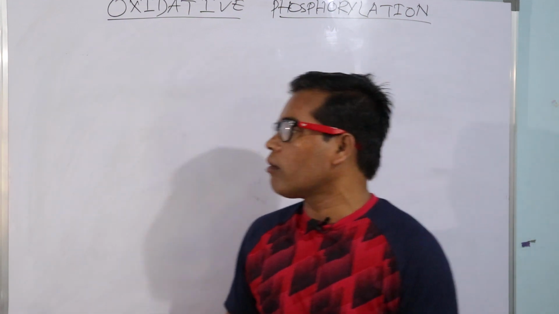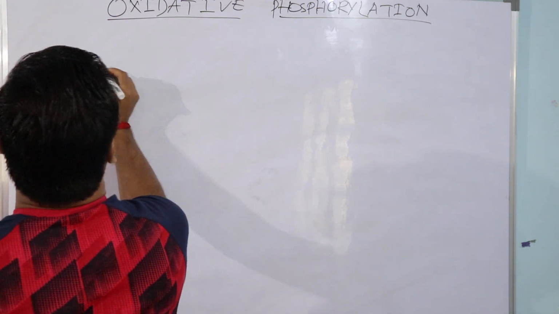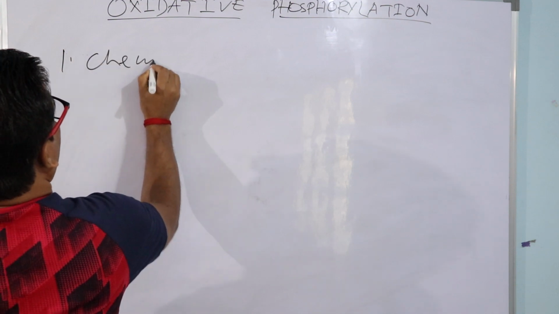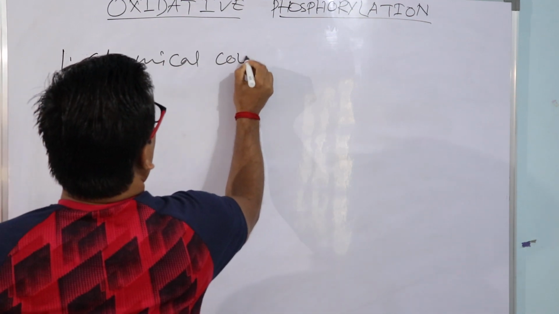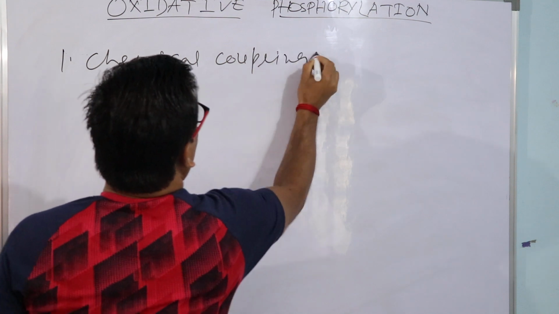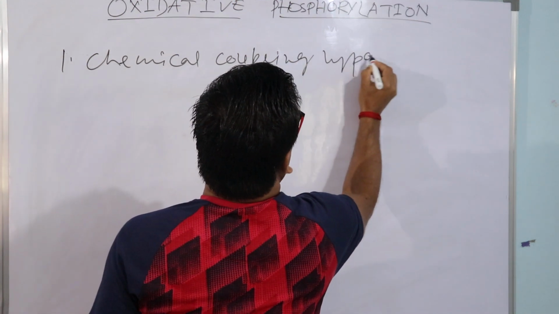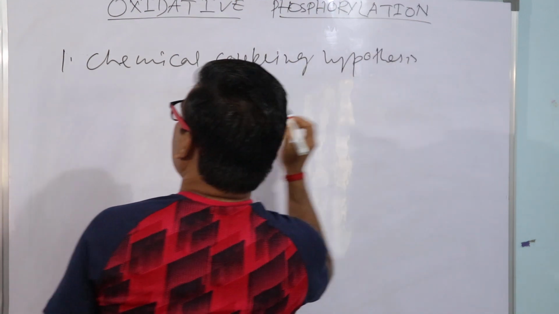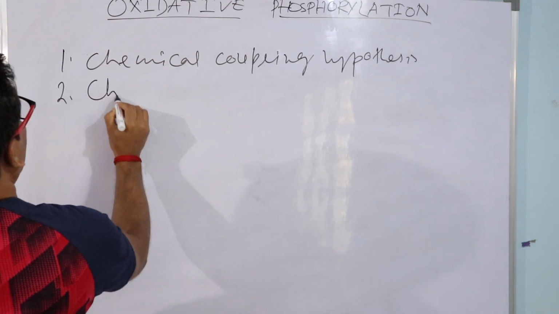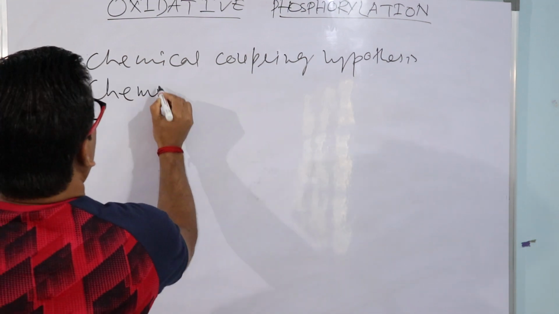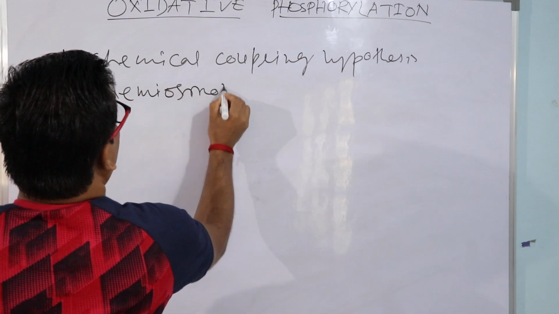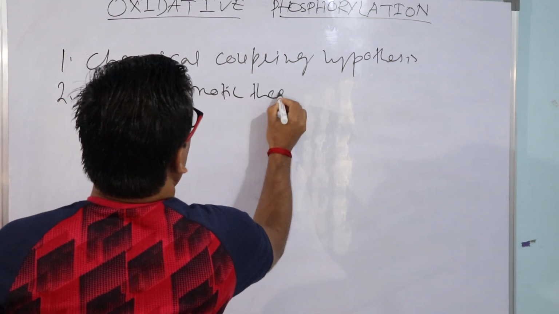First is called the chemical coupling hypothesis. Second is known as the chemiosmotic theory.